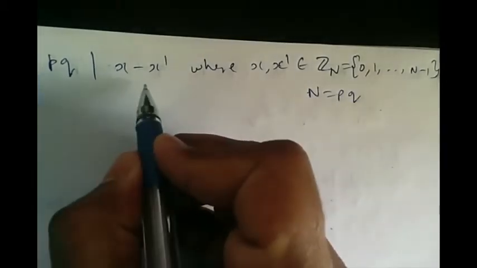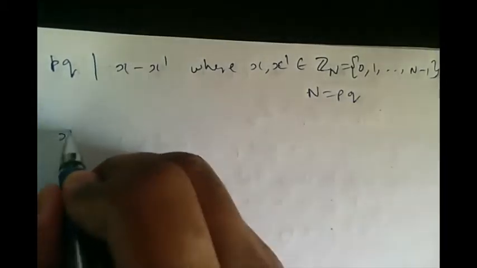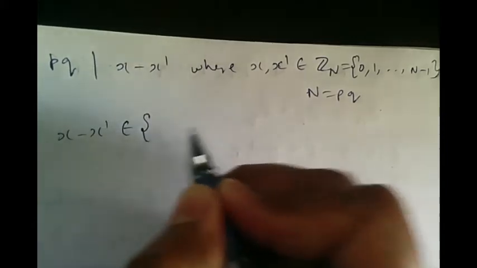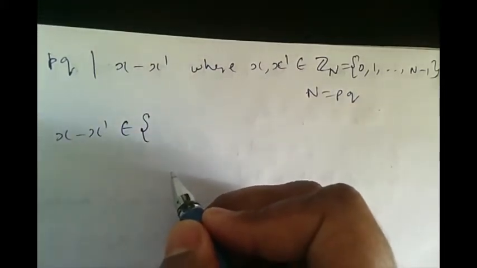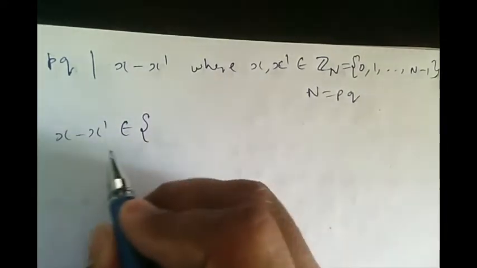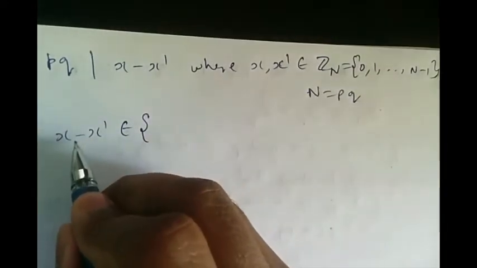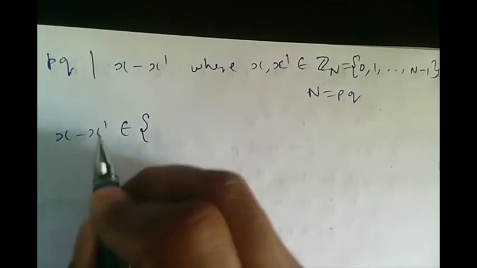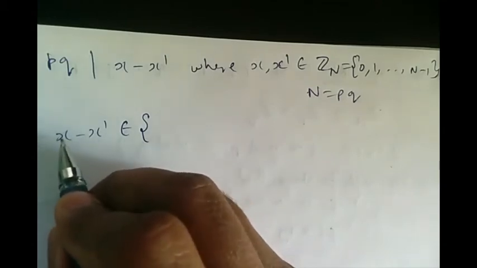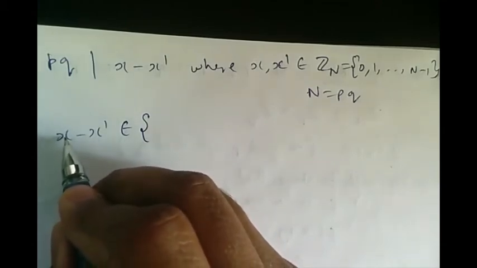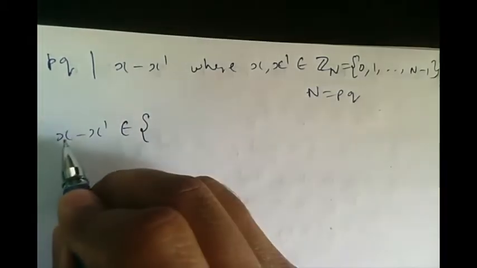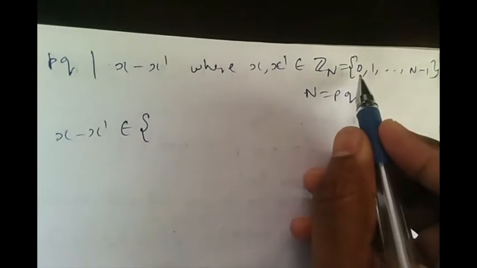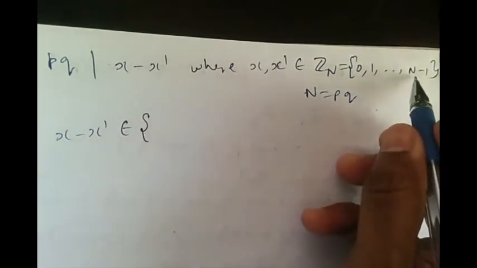Now let's look at x minus x prime. So x minus x prime will belong to some range of integers because x and x prime belong to Zn. What is the smallest value x minus x prime can take? I want x to be as small as possible and x prime to be as large as possible. So x as small as possible is 0, and x prime as large as possible is n minus 1, or pq minus 1.